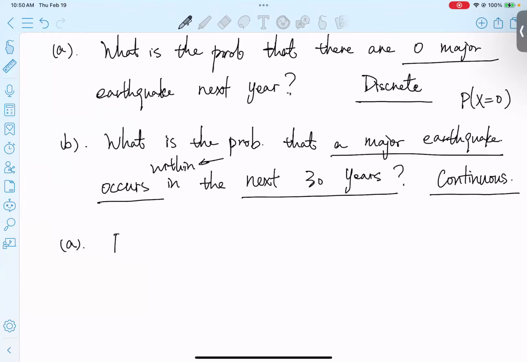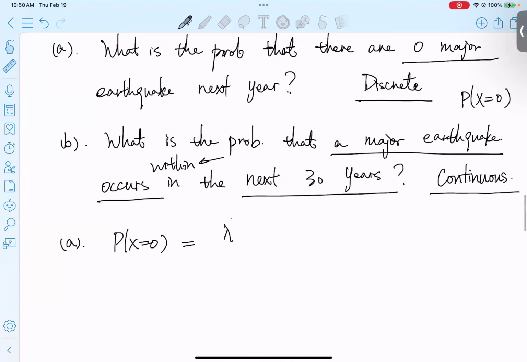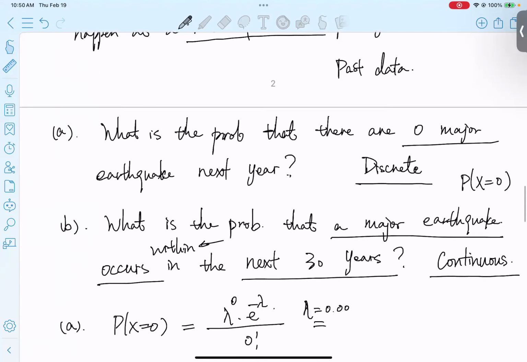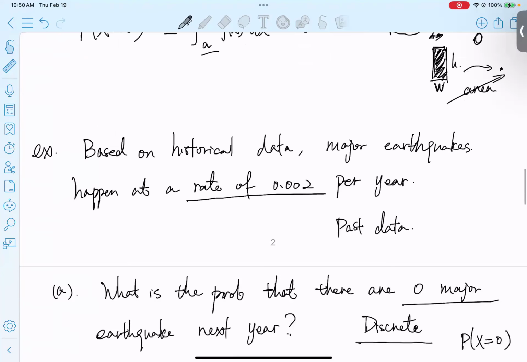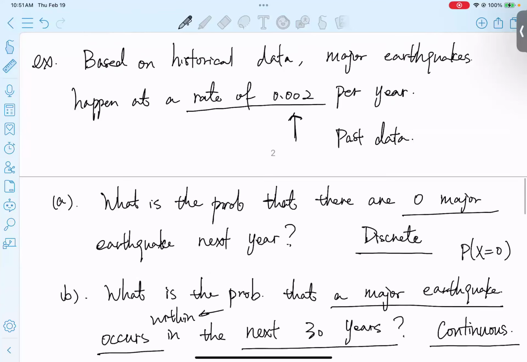So in the discrete case, X equal to 0, you can use the Poisson distribution, and then you will have e to the negative lambda, lambda to the 0 over 0 factorial, plugging in lambda, the rate, equal to 0.002. This will give you a probability of 0.998. So with a rate of 0.002 earthquakes per year, it's highly unlikely that it will have an earthquake.